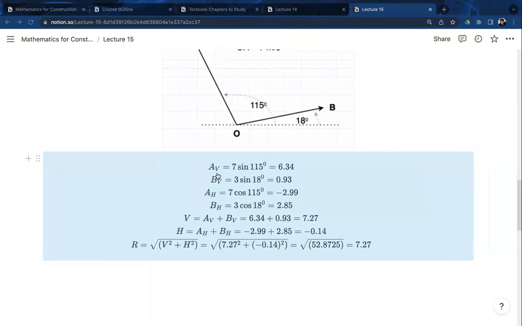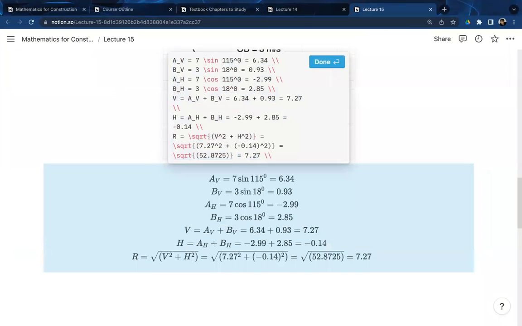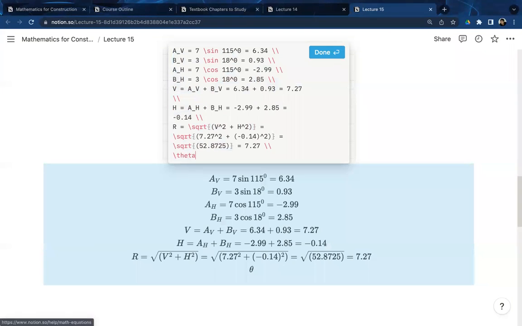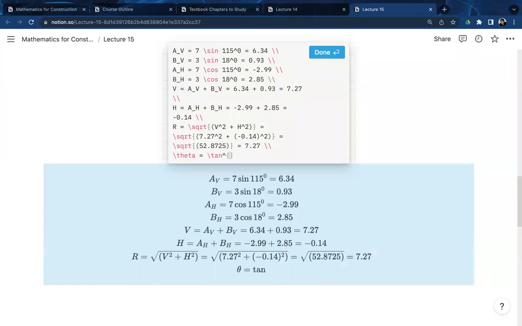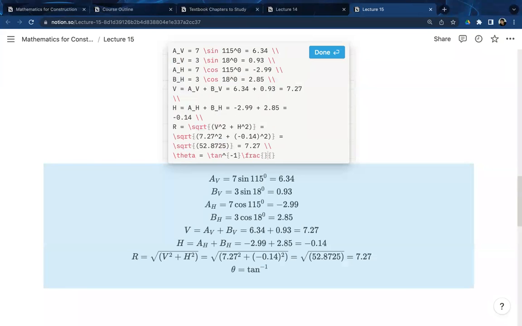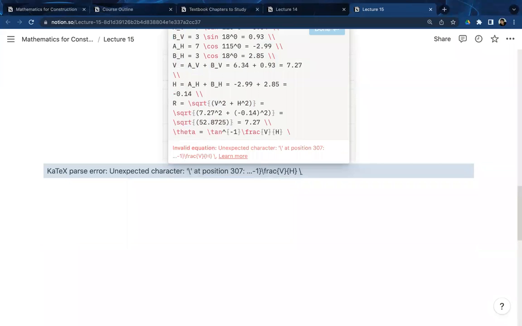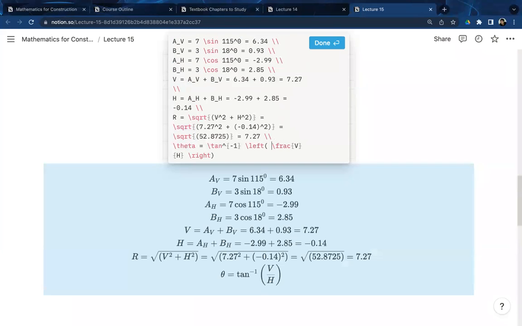So tan inverse of V over H. Right, that's the angle.